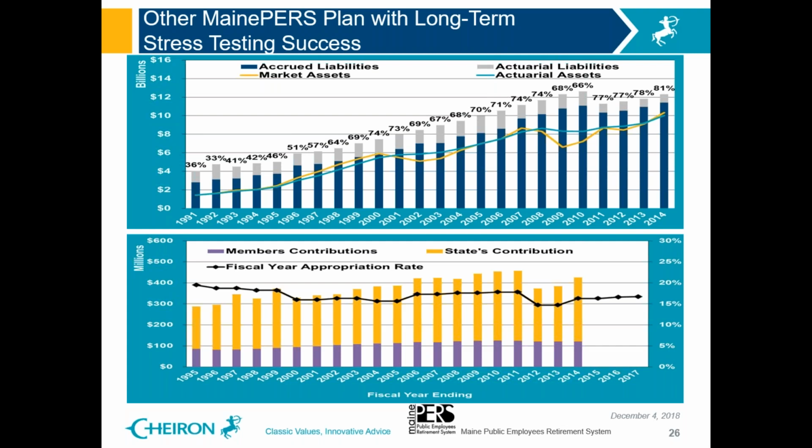Through the 1990s, in 1995, there was a constitutional amendment passed, a very strong constitutional amendment, which requires contributions and in essence prohibits new benefits from being awarded, in that you have to fund 100% of the new benefit in the year that you award it.